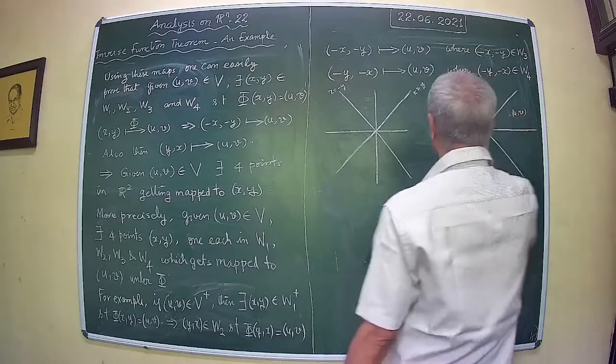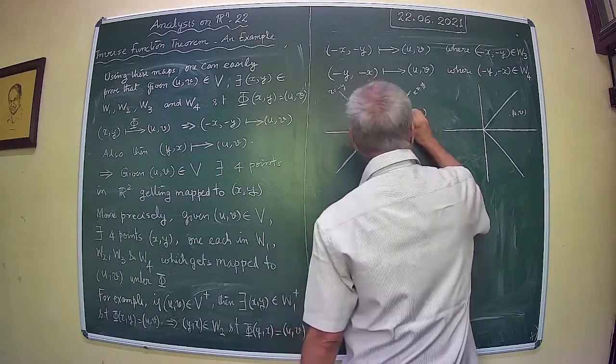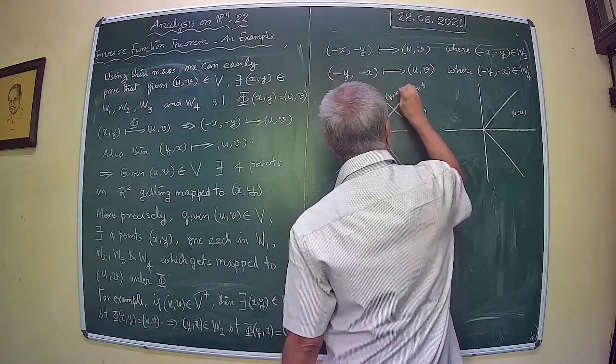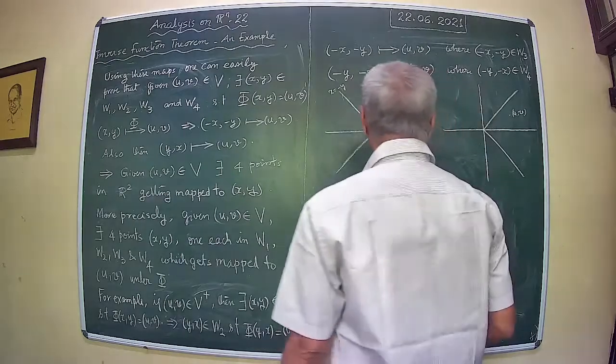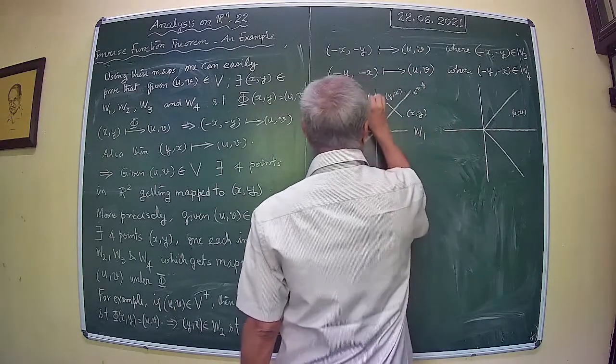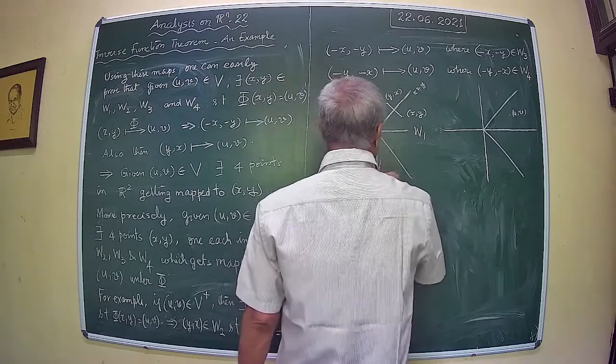So corresponding to UV, there is a, then its reflection here, this is yx. Okay, so this is W1, this is W2, this is W3, and this is W4.